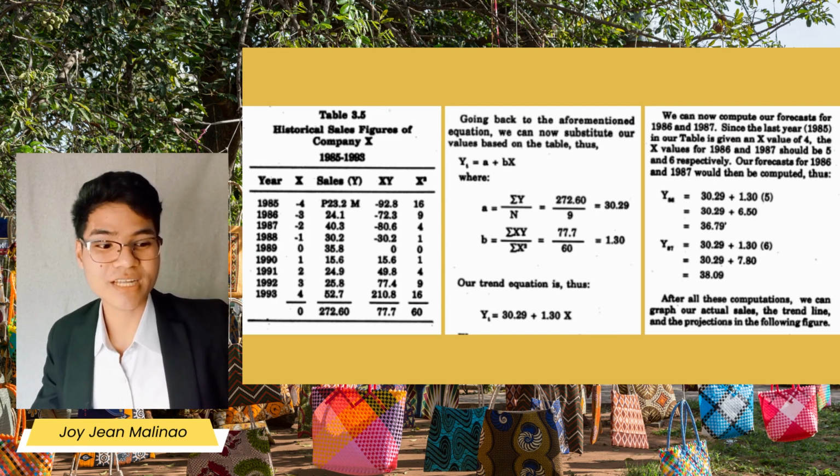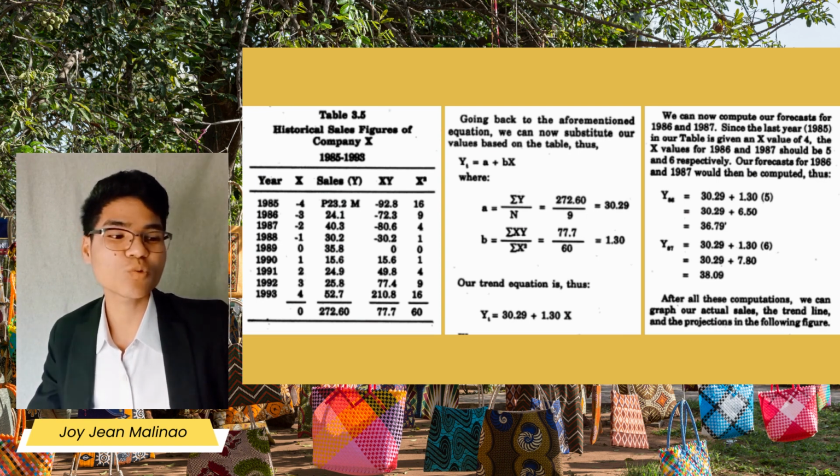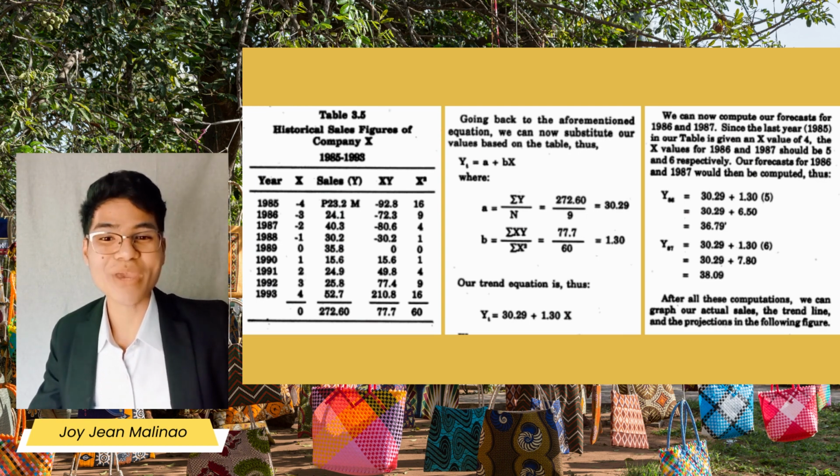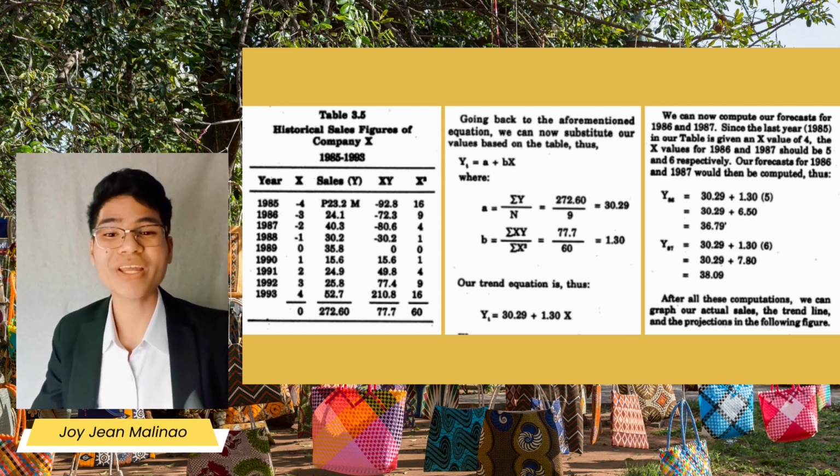And this is the value B, summation of XY over summation X squared, equals 77.7. 77.7 is the total XY over 60. The 60 is the total X squared. So the result will be 1.30. So we have now a value of A, which is 30.29, and the value of B is 1.30.